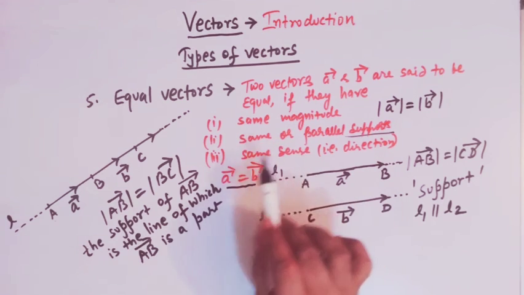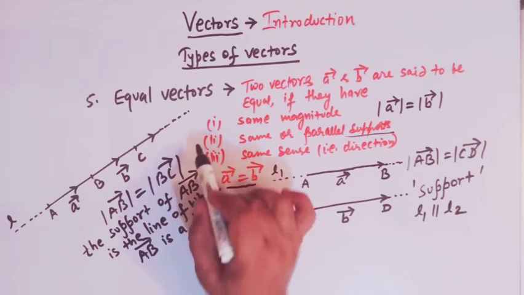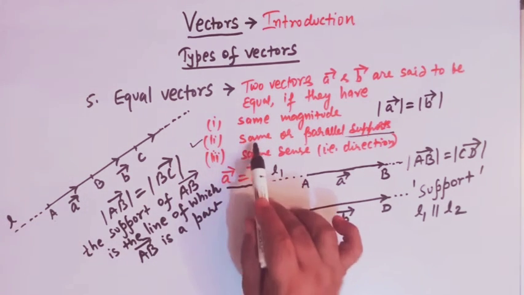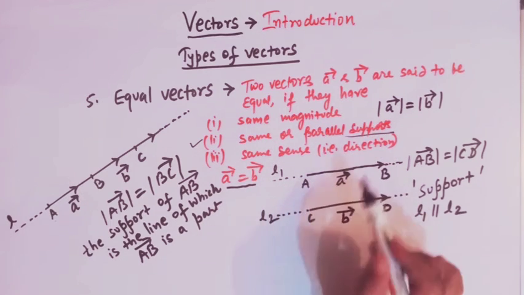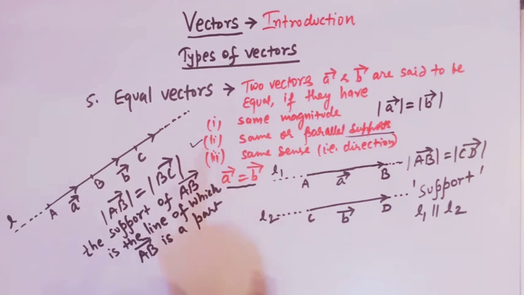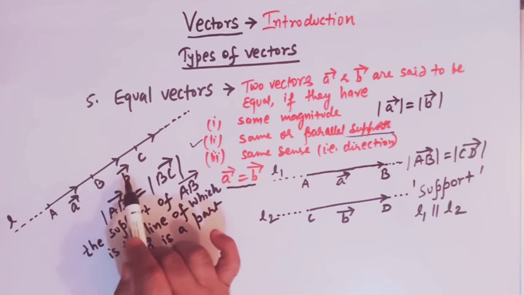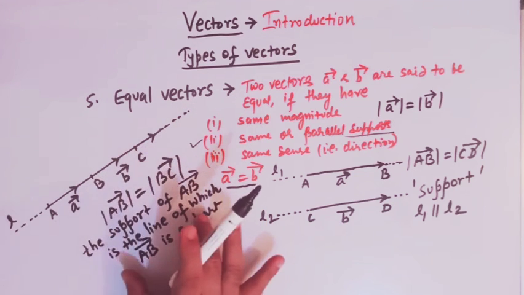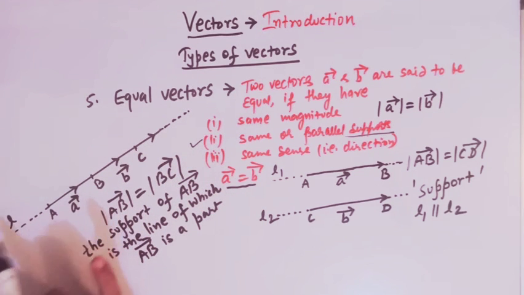So this is the meaning of point number 2, same or parallel supports. Here the two vectors have parallel supports, and in this figure the two vectors, vector A and vector B, which are equal, have the same support.